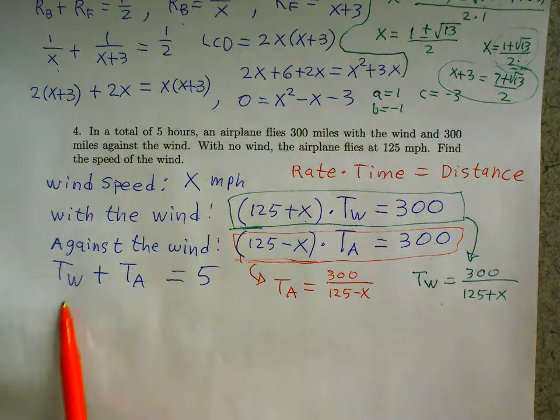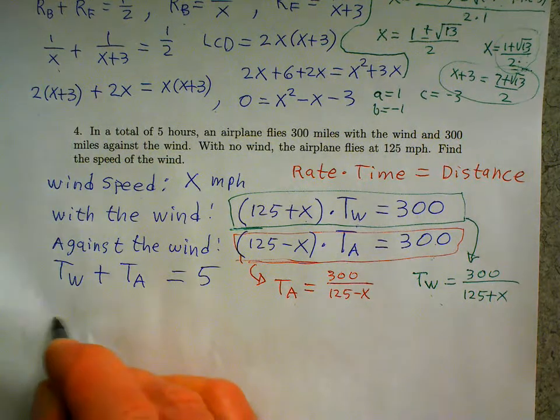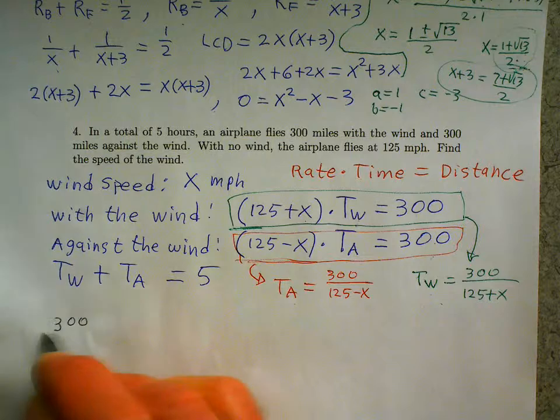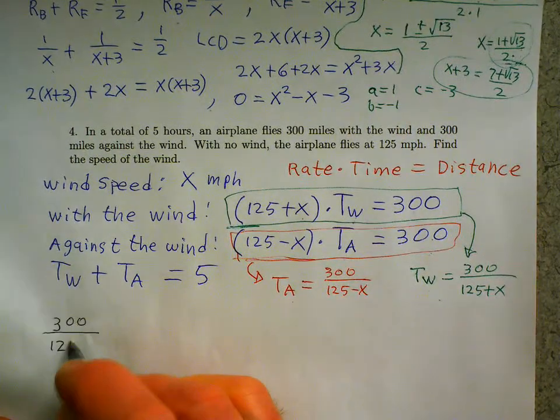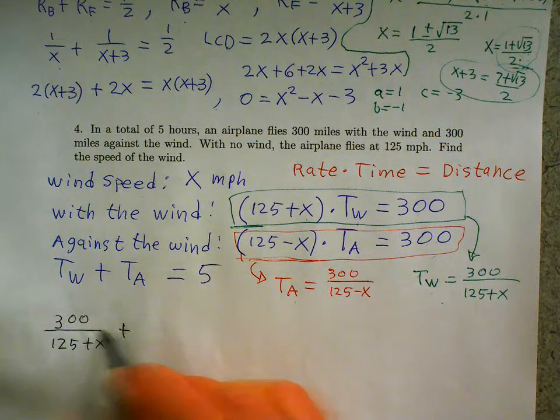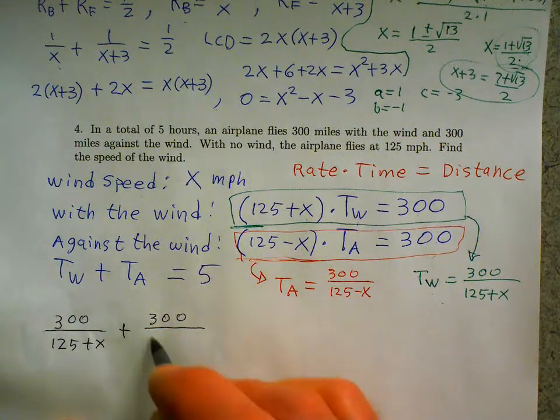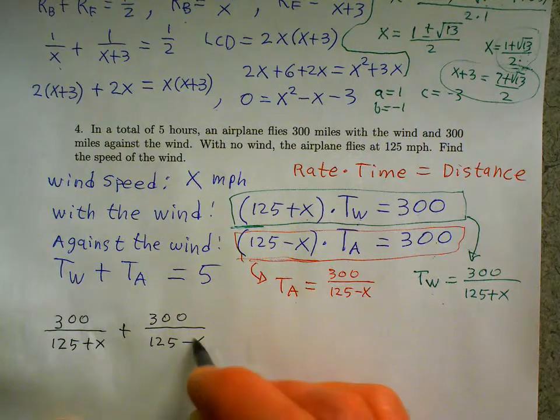Okay, then in this equation, we replace T sub W with 300 over 125 plus x. We're adding that to T sub A, but T sub A is 300 over 125 minus x.